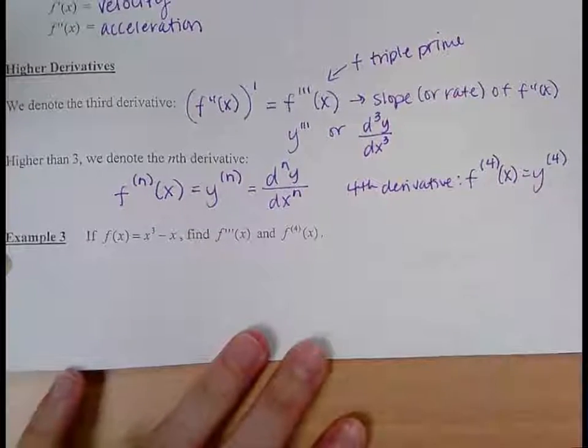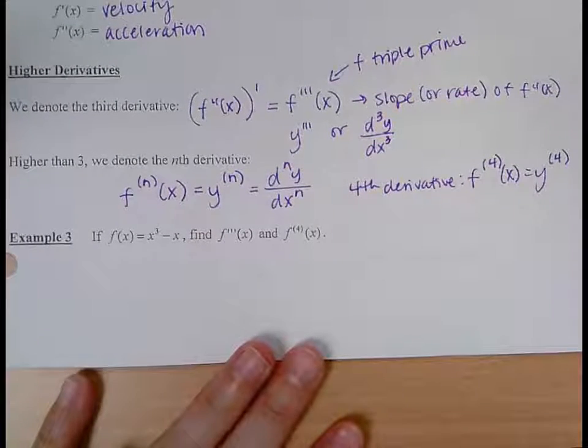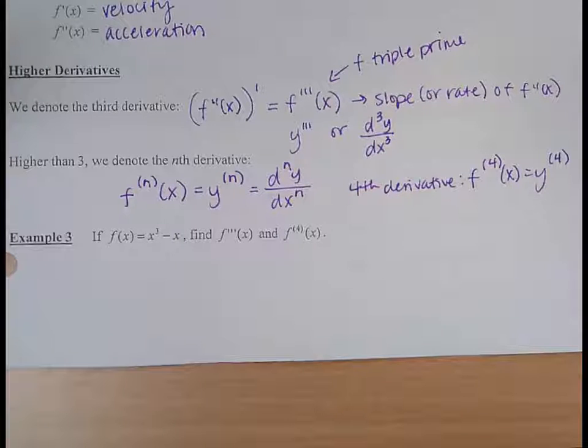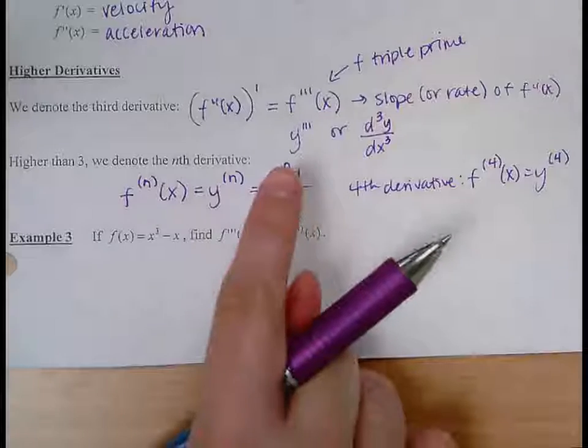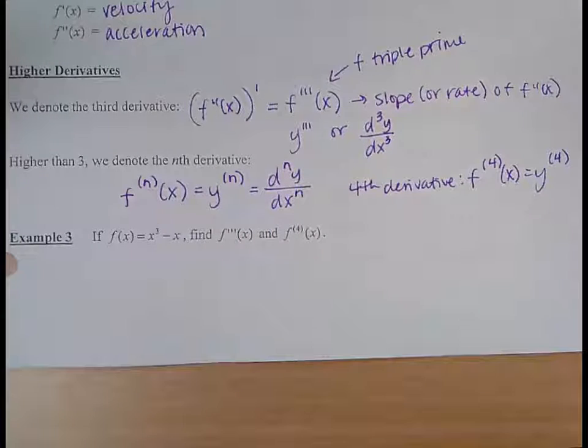So it's not y to the fourth or f to the fourth of x. The parentheses indicate that it's the fourth derivative. And then you would just have the 4's in place of the n's for the Leibniz notation. And that's anything higher than the third derivative would be notated that way. So if it was the seventh derivative, you would see a 7 there.